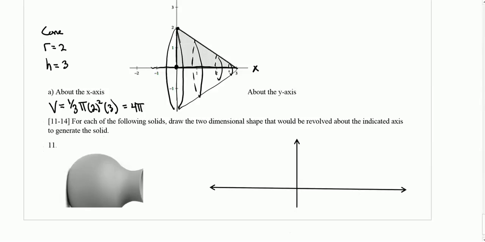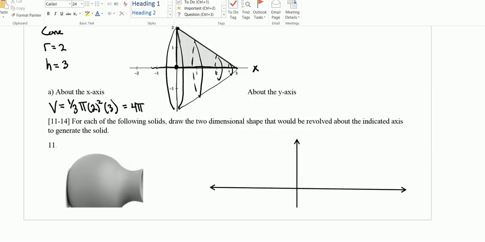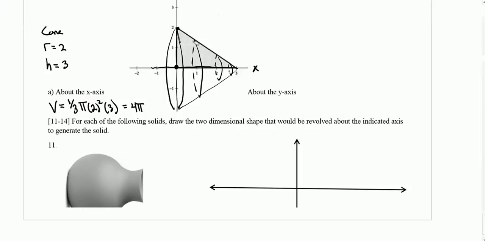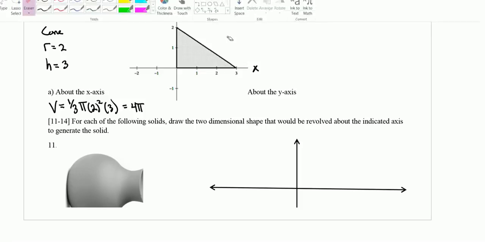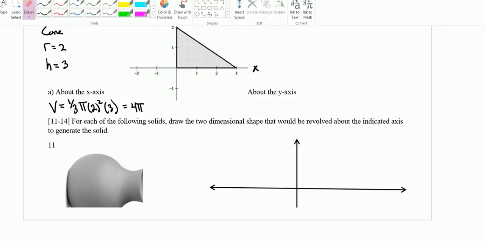Now let's take a look at what happens if we rotate this around the y-axis. To demonstrate, I'm going to erase my picture here, and now it's hinged at the y-axis.